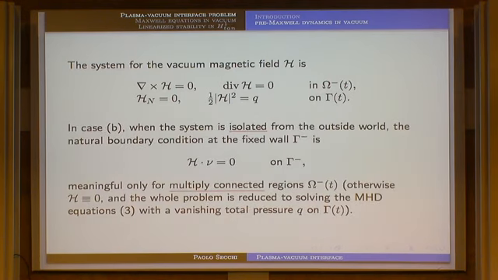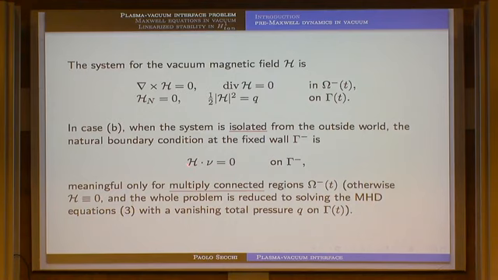So in case B, when the plasma is isolated from the wall, and all the system is isolated from outside, on the fixed wall that I call here gamma minus, the natural boundary condition is that, again, the normal component of H is 0.